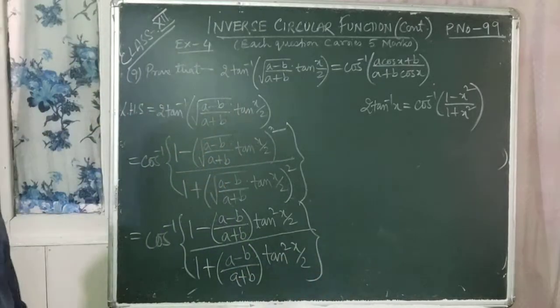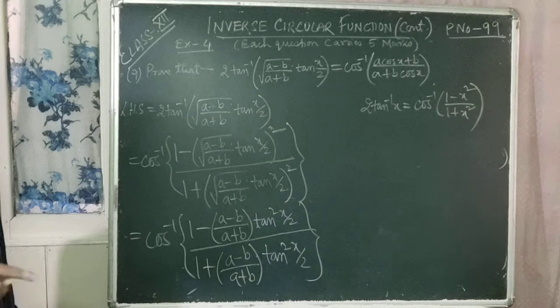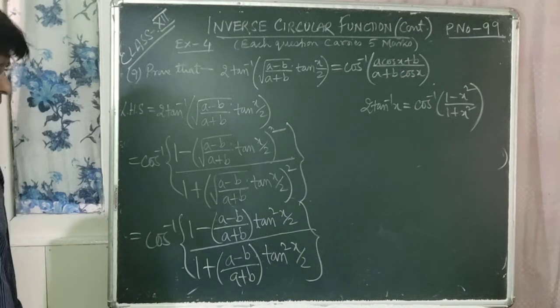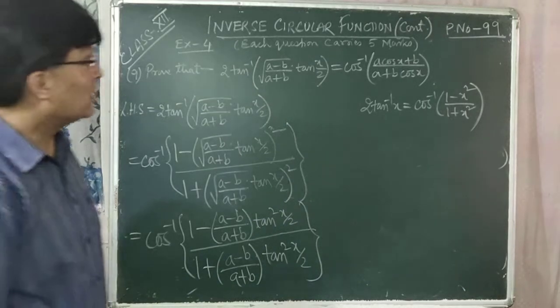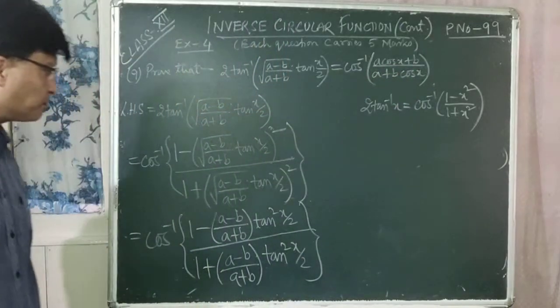Here also second bracket is closed. So we have simplified the term containing square, right? So let us simplify it. Now you should get a cos x plus b divided by a plus b cos x, right?